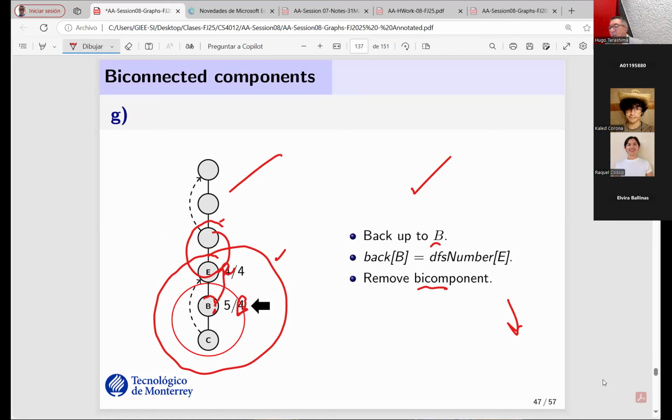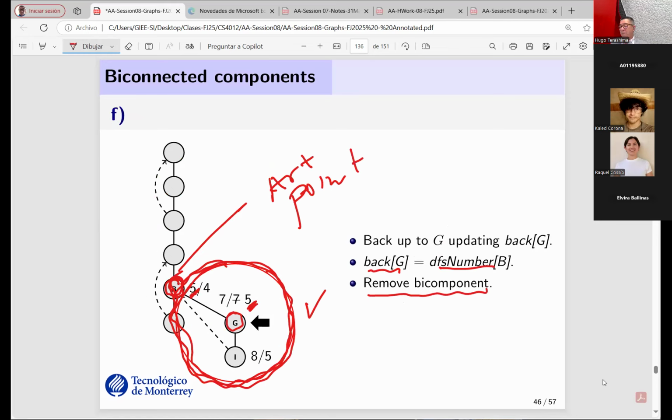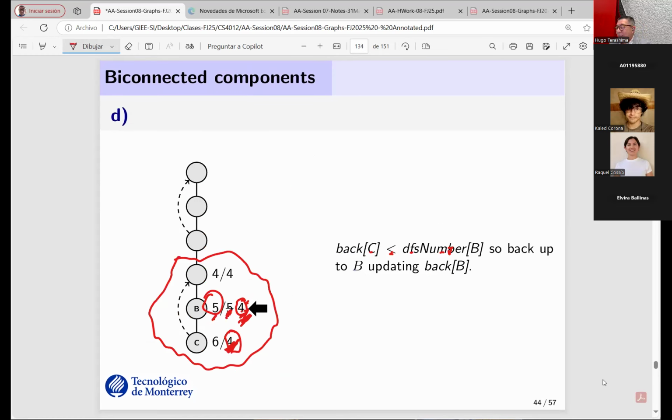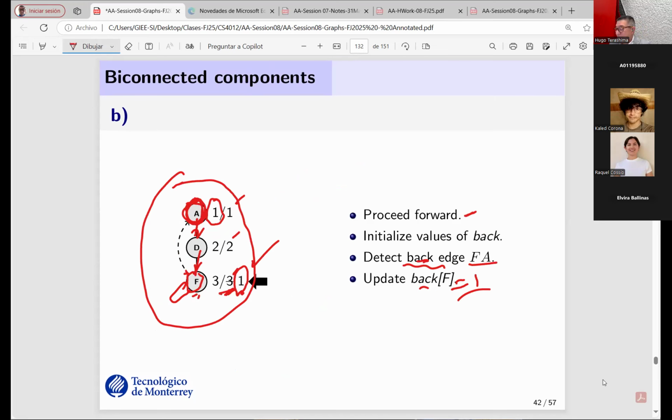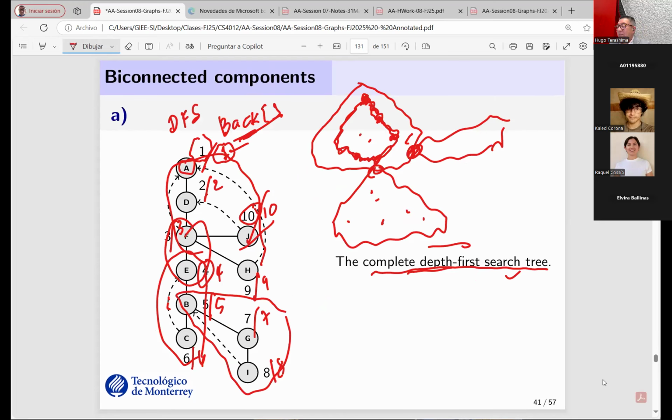That is the main idea with this algorithm, right? So questions at this point. I don't know if you follow me with all this. So if not, we can just repeat a little bit of these steps. Okay?